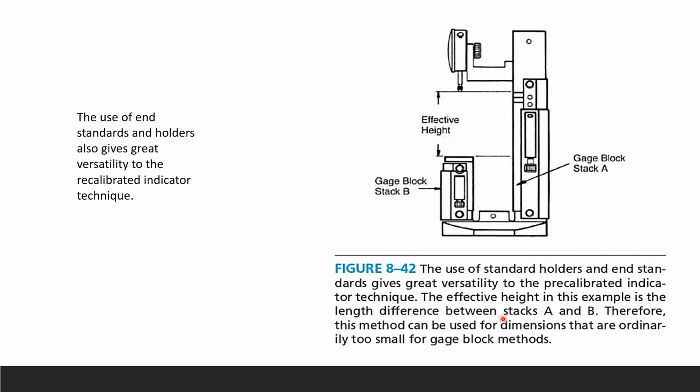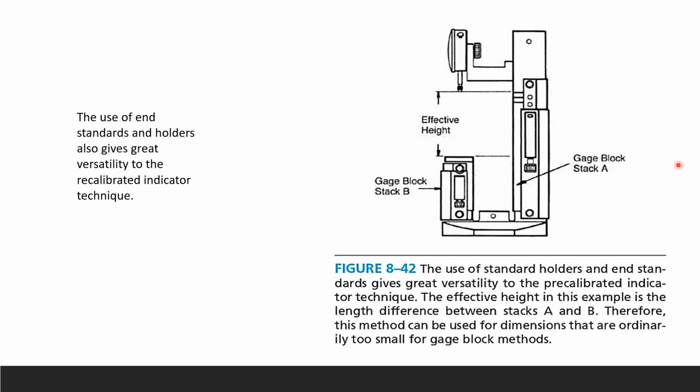So the effective height in this example is the length difference between stack A, which is this one, and then B, which is this one right here, gauge block stack B. Therefore, this method can be used for dimensions that are ordinarily too small for gauge block methods, because the holder definitely helps a lot, and also the end standards.